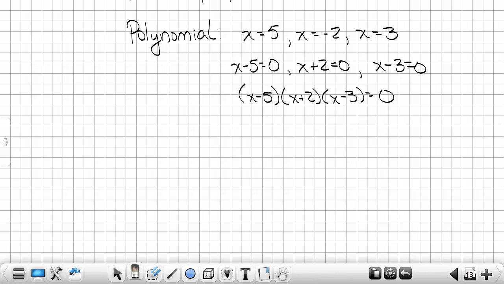Which 2 parentheses do you want to distribute first? Okay. So, Tyrell wants to distribute the first 2, x minus 5 times x plus 2. So we can do that.